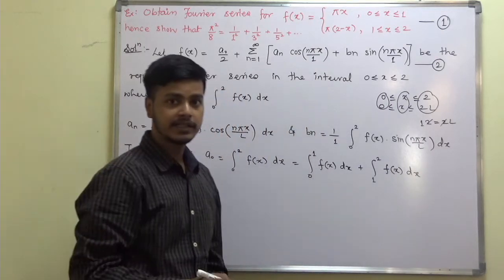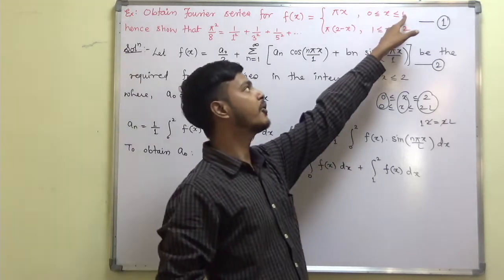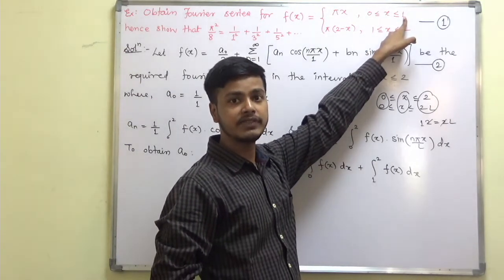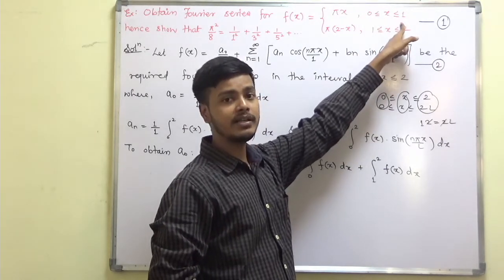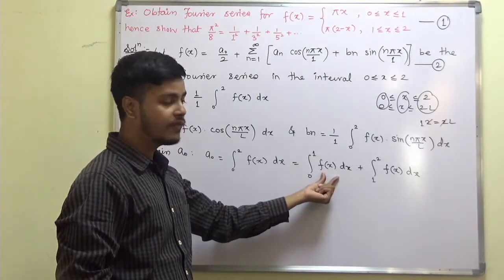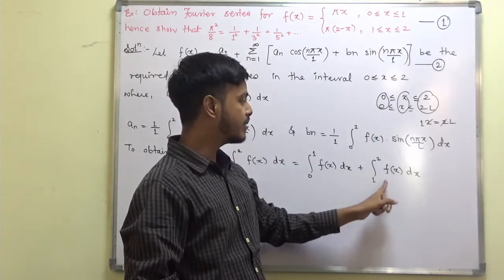Why am I breaking it as 0 to 1 and 1 to 2? Because the breaking point is 1. We have the functional value pi x in the interval 0 to 1, that's why 0 to 1 f of x. And the second value we have in the interval 1 to 2. That's why I am breaking it like this.